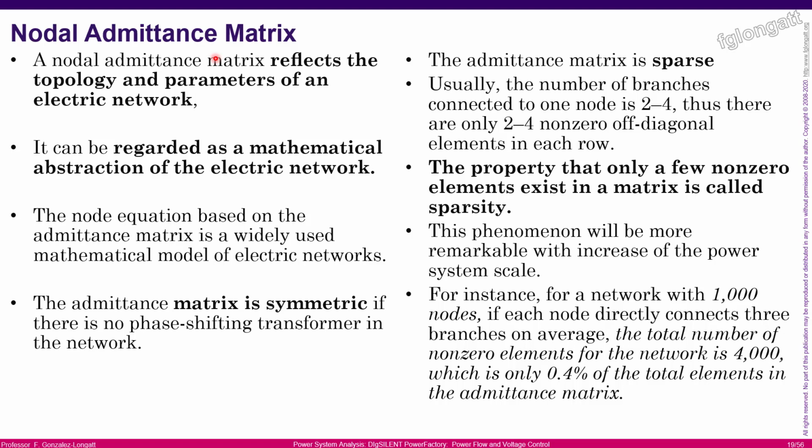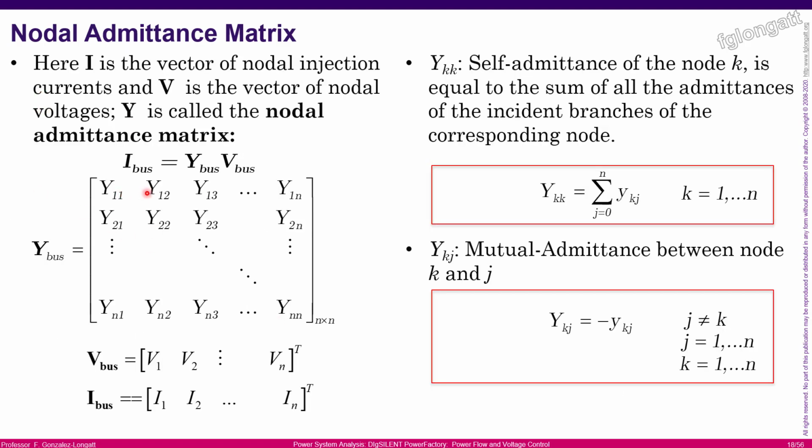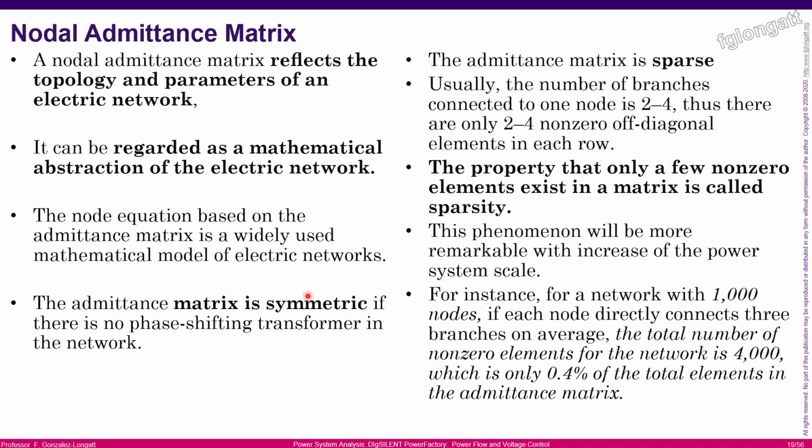An interesting property of this matrix is that it is symmetric. As you can see, the elements above the diagonal and the elements below the diagonal mirror each other, which is the basic definition of a symmetric matrix. Another interesting thing is that the matrix is very sparse. What does it mean?